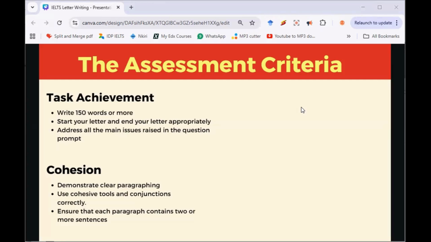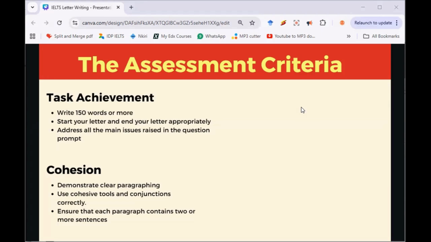So the second criterion is called cohesion. How do we demonstrate cohesion? Number 1, we must demonstrate clear paragraphing. In other words, after writing a paragraph, skip a line before you write the next paragraph. You demonstrate clear paragraphing. You're going to see examples very soon.